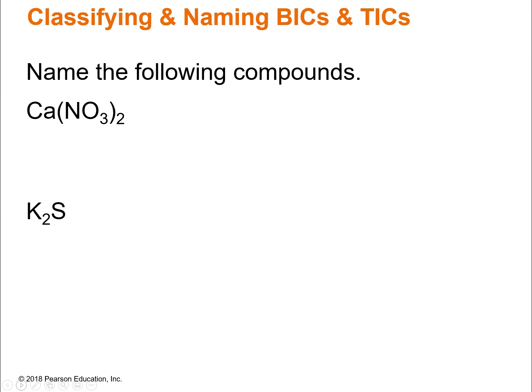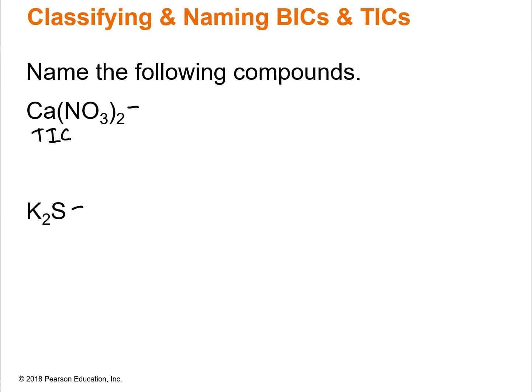Let's start with the classification. What kind of compound is this first one? It's a ternary ionic compound.